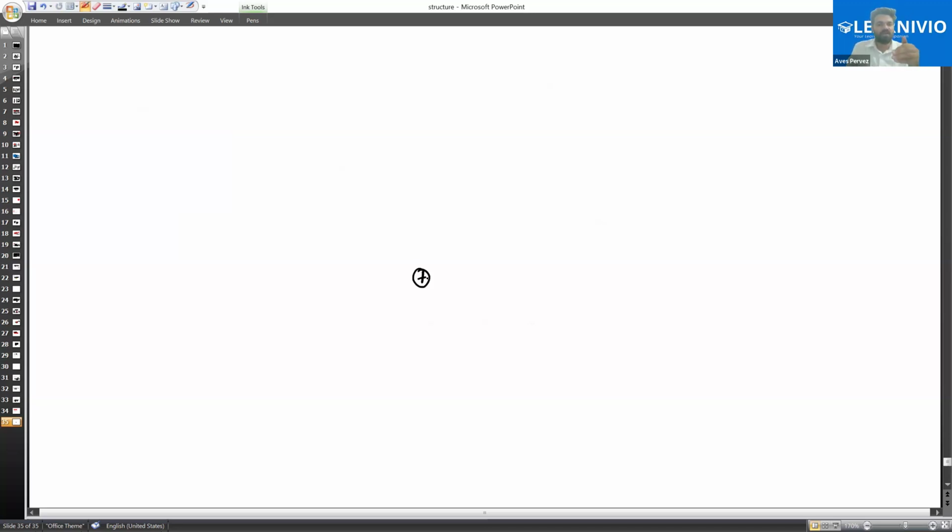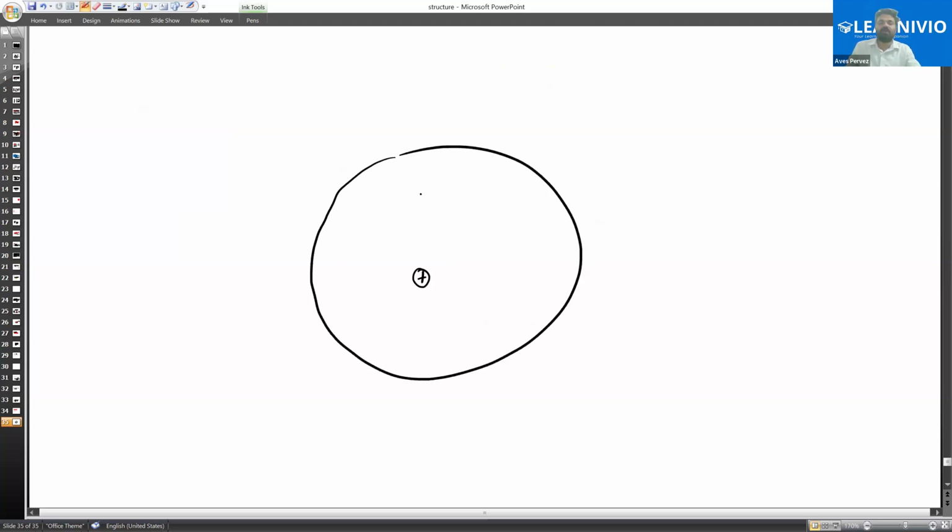Means the whole mass of the atom is concentrated in the nucleus, and we can say here, okay. And he said that electrons revolve around the nucleus in an orbit. But the concept of orbit was declined by the other scientists, because if a charged particle revolves around another charged particle, it will not keep its energy constant.